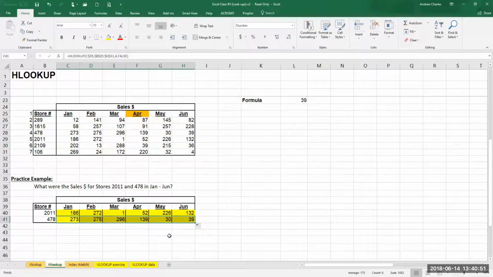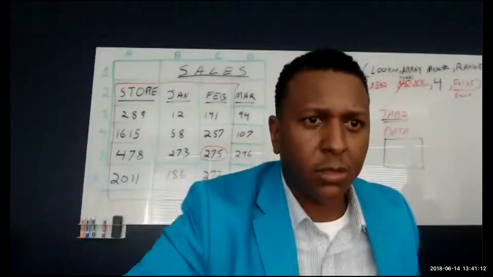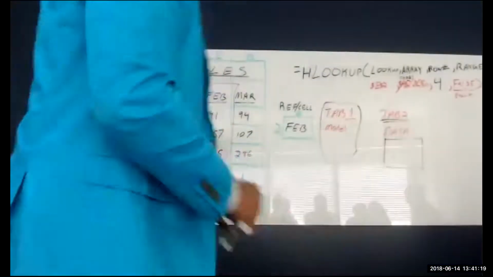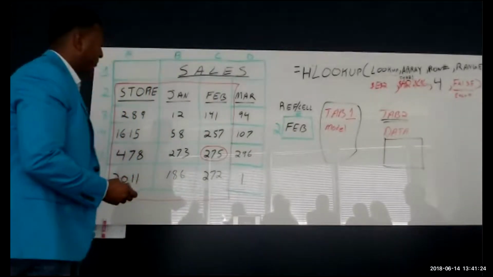Any questions on this? Perfect. So we're going to get into index matches, and we're going to use the exact same data set. But before we get into that, we're going to talk about the differences between the two. The differences between an HLOOKUP or VLOOKUP, the advantages and disadvantages versus an index match.